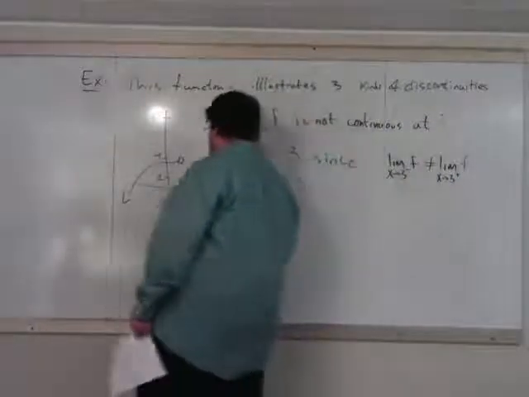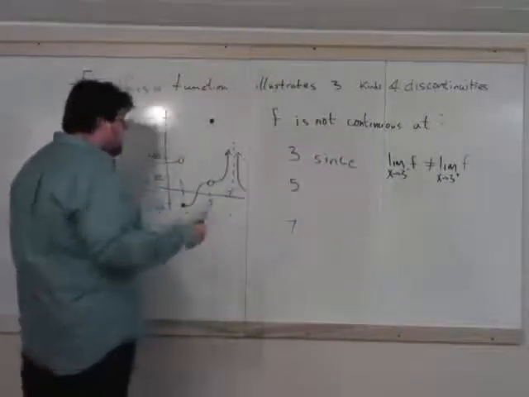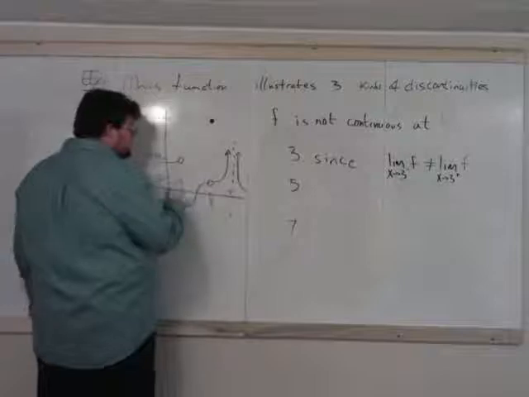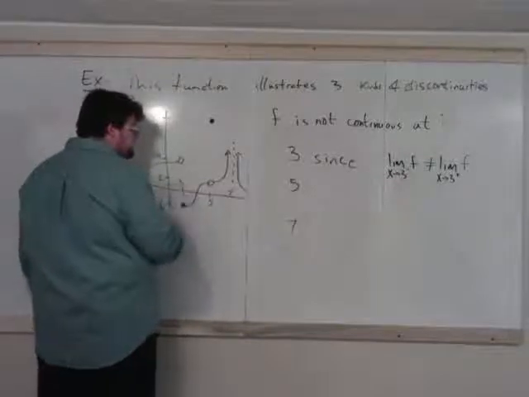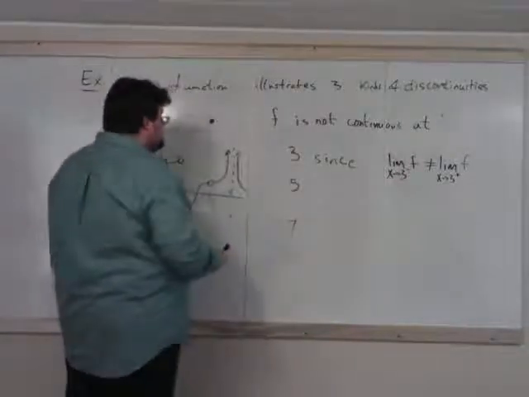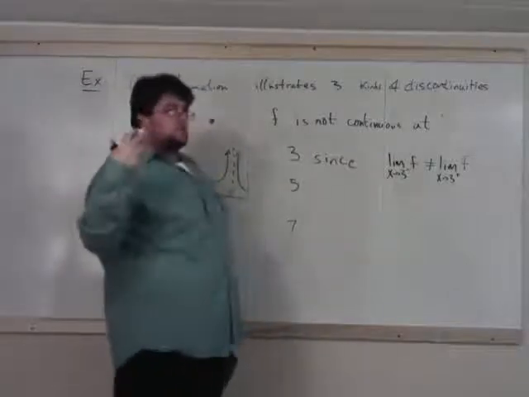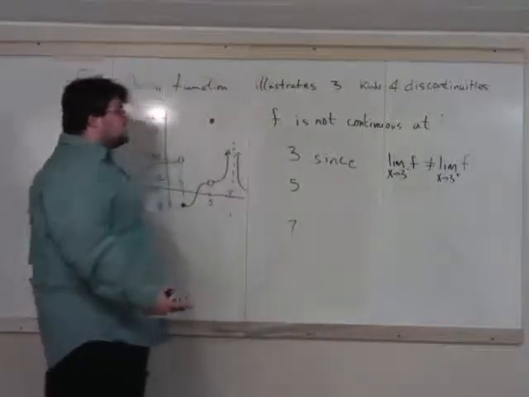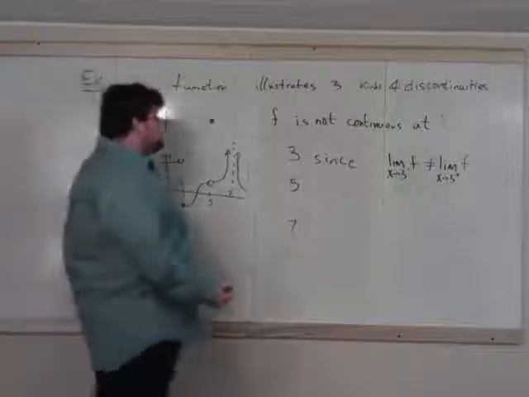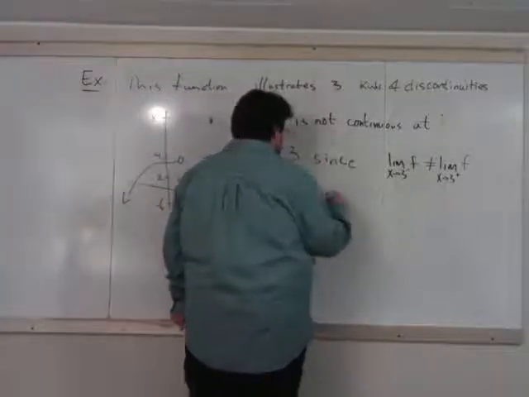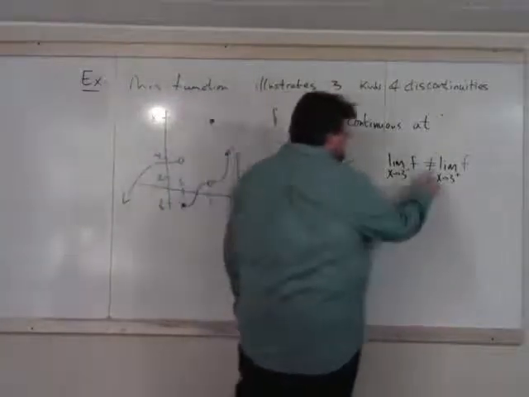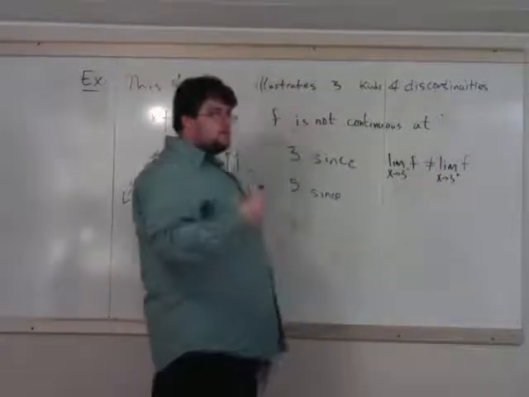Well, what happens at 5? At 5, the limit is 2, because on the left it's 2, on the right it's 2. But the function at 5 is 8. So this violates the second equal sign in that remark. Maybe I should have said up here, in that remark, the previous one violated the first equal sign.